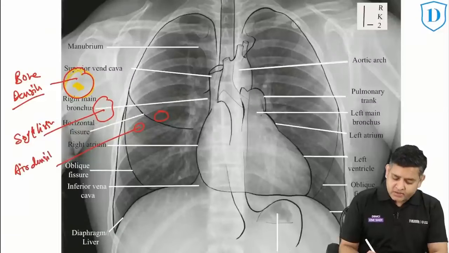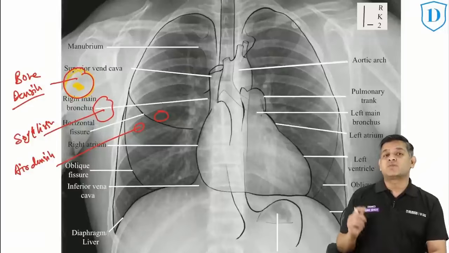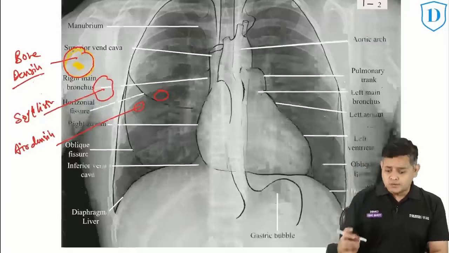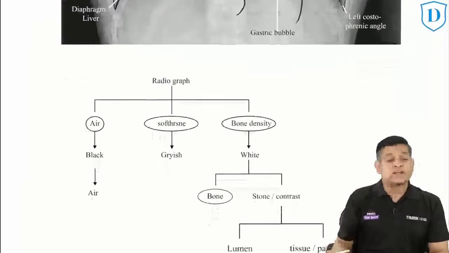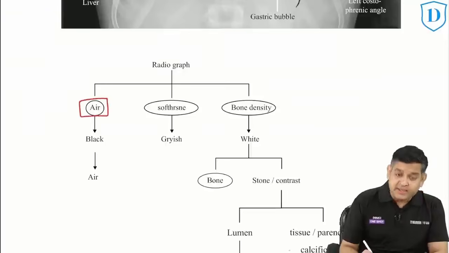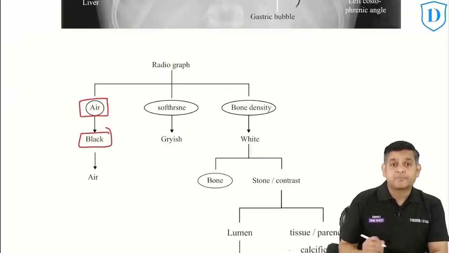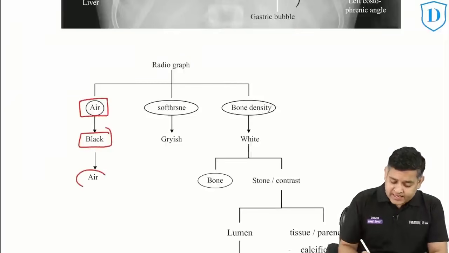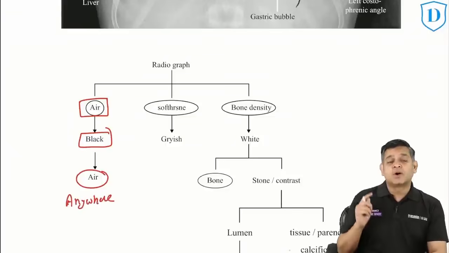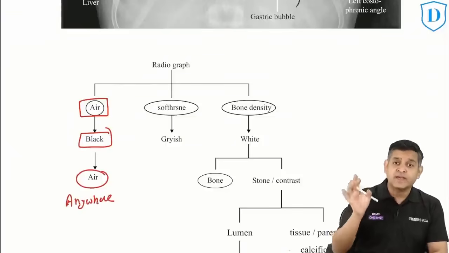Remember, any radiograph you see, you have to divide into these three densities: bone density, soft tissue density or air density, right? Never forget, if it is air density, it will be black, and if it is black, it has to be air. Anywhere. If it is black on X-ray, it has to be air.